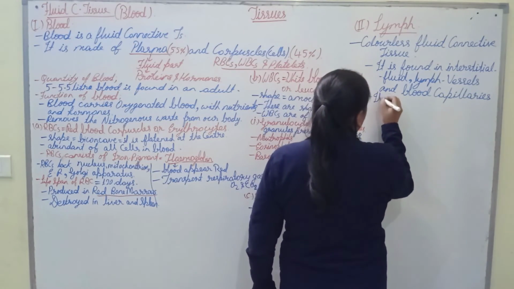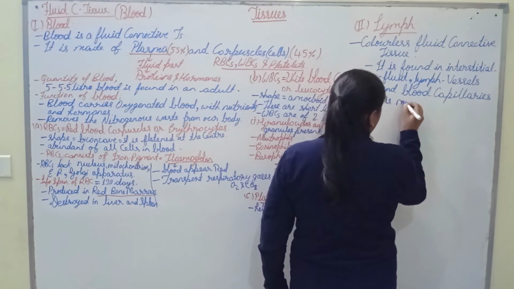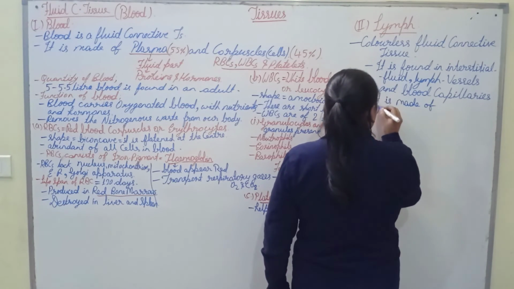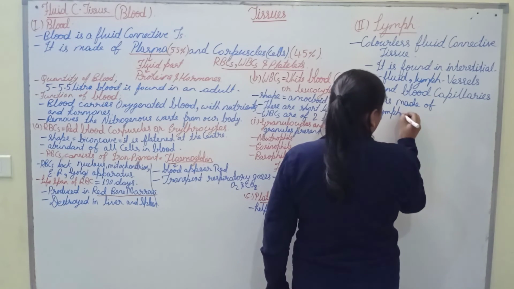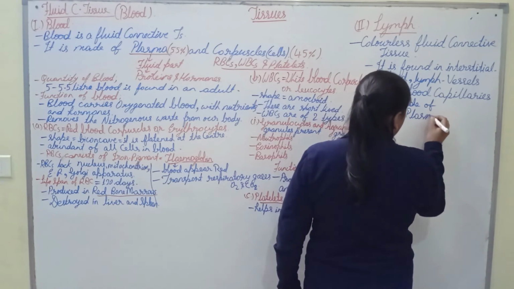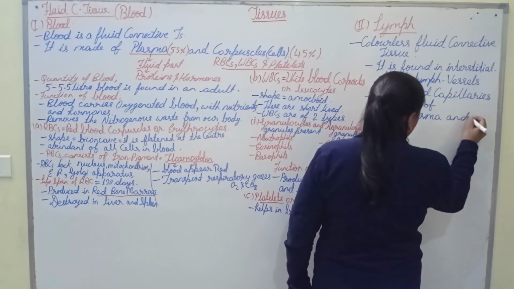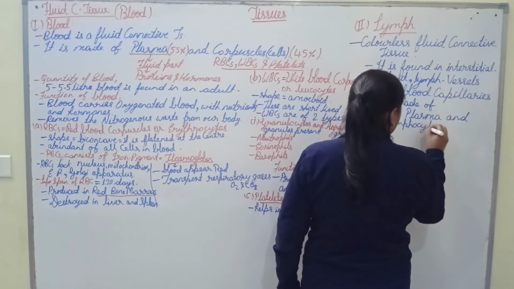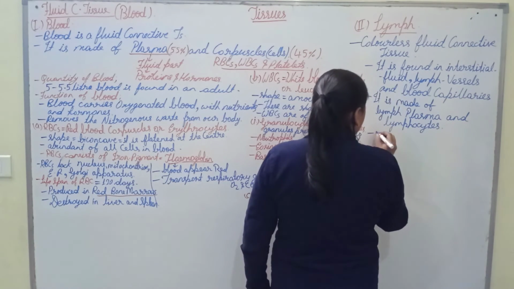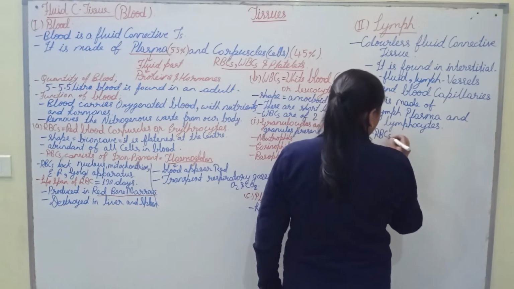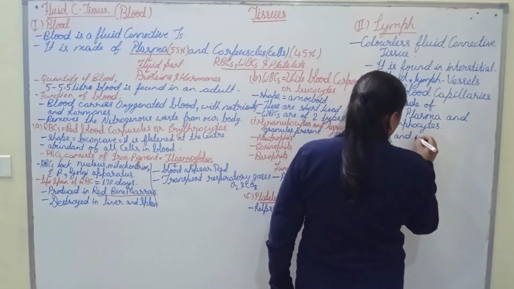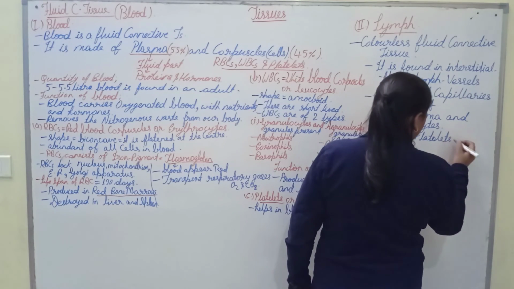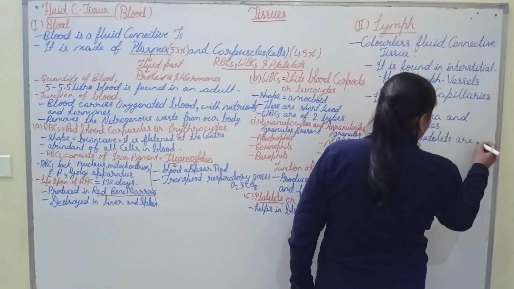Lymph is made of lymph plasma and lymphocytes. RBCs and platelets are absent.